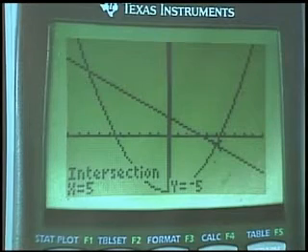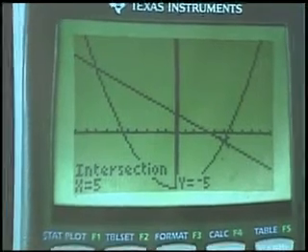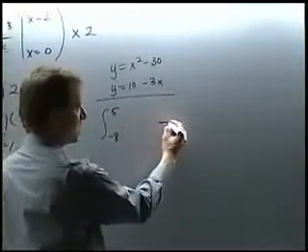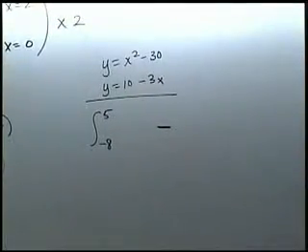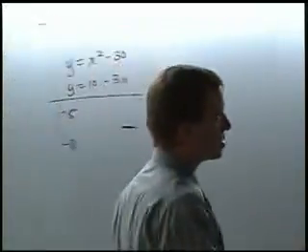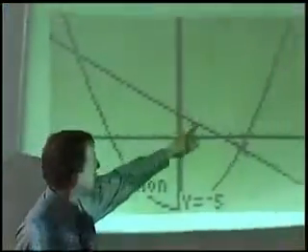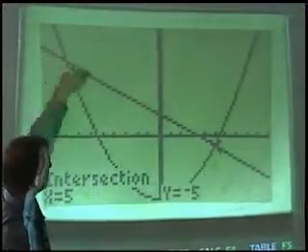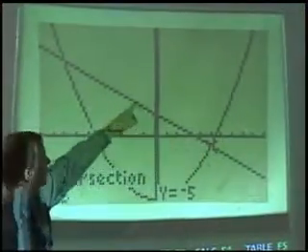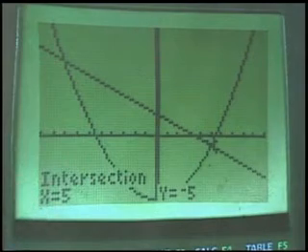Now, as I set up the antiderivative, I remember that there needed to be a subtraction in the middle. I just have to be a little careful on the order that I set these two functions up. I have to make sure that I do the upper function minus the lower function. In this case, we can definitely tell the linear function between this intersection and this intersection is higher the entire time.